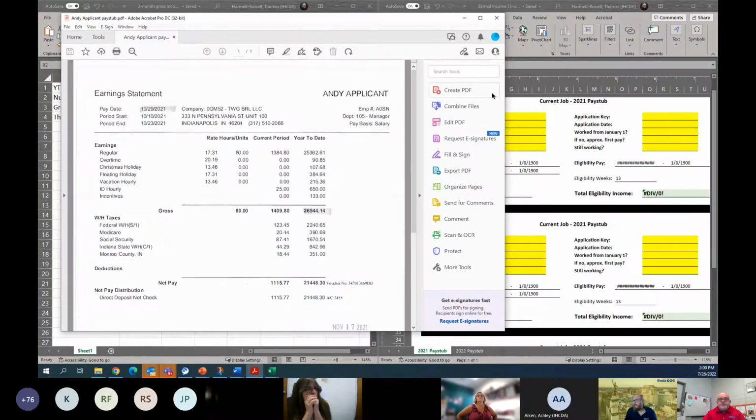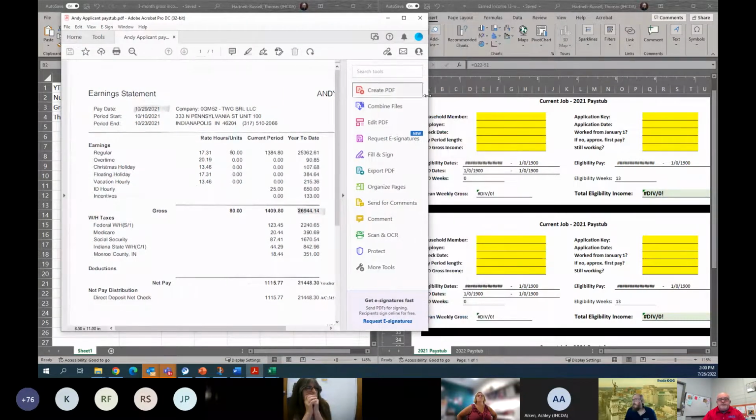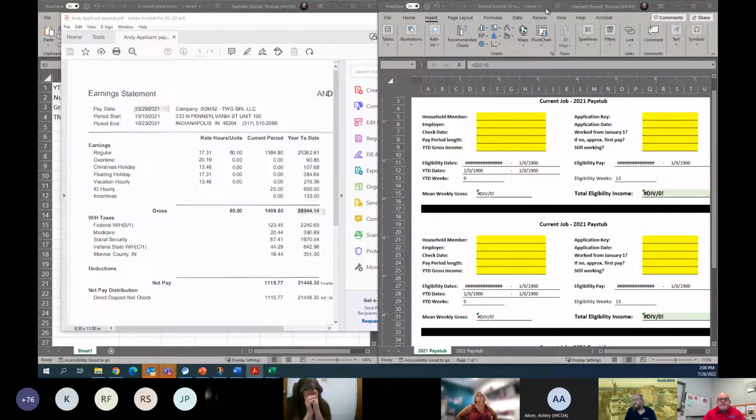Now let's take this same pay stub and run it through the 13-week method. So this is the spreadsheet we have for the 13-week calculation.